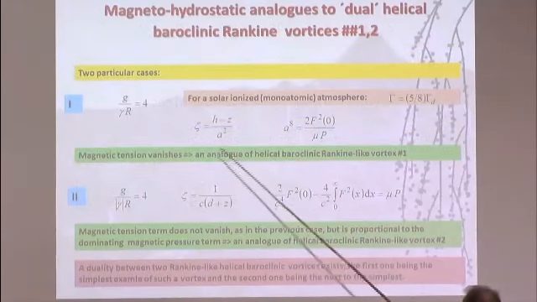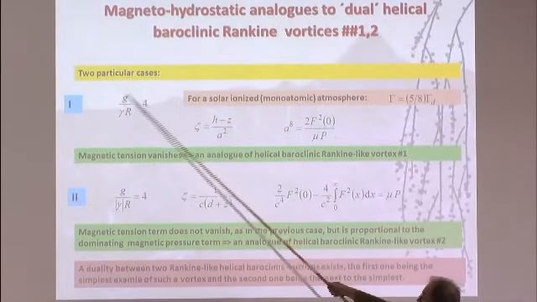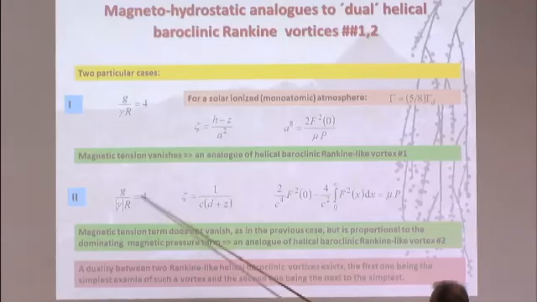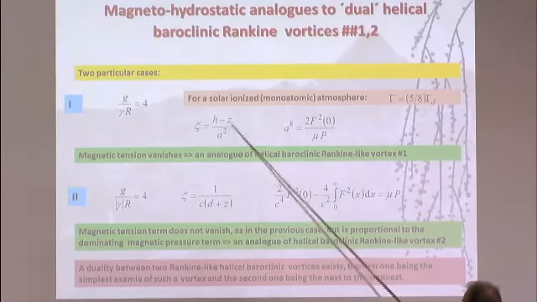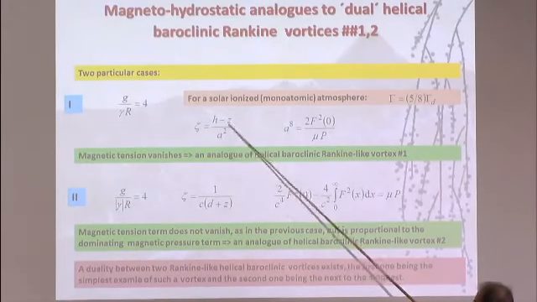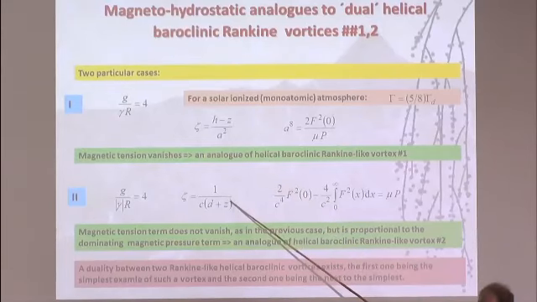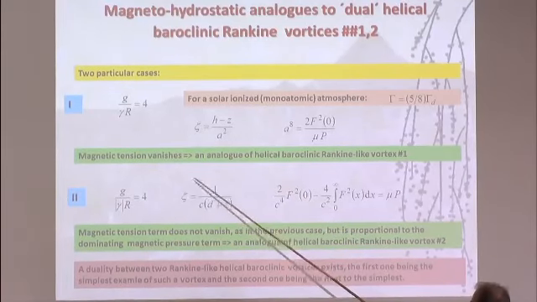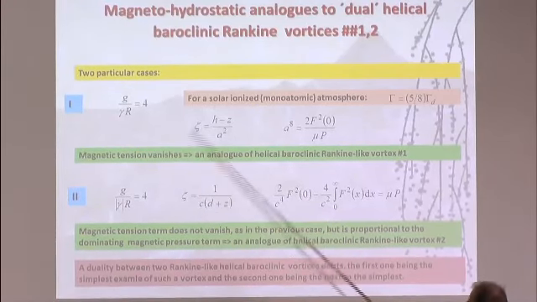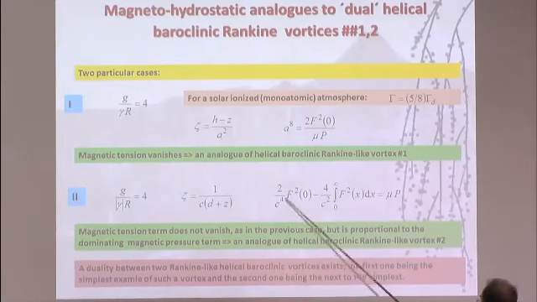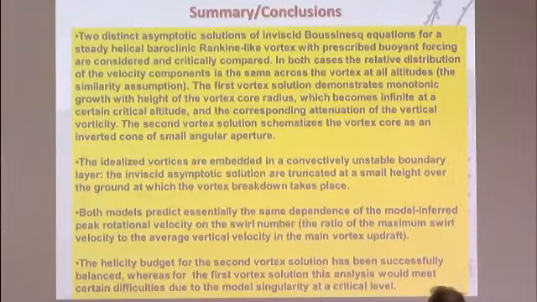You can construct two solutions, where the polytropic index is 4 or minus 4. So you get exactly these two solutions. This is the simplest, this is next to the simplest. For this one the magnetic tension vanishes, and for this one the magnetic tension term does not vanish, but is proportional to the pressure term. Thank you. So the summary.